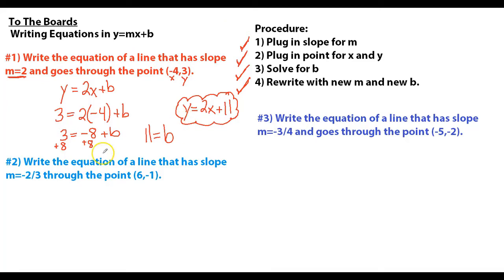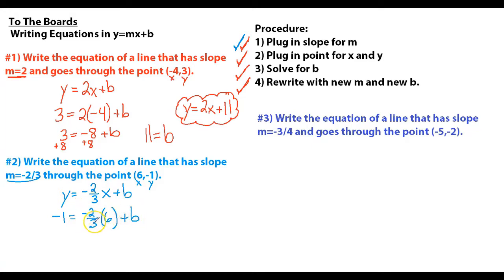Excellent. Next question. Step number 1, plug slope in for m. So I'm going to go y equals -2/3 x plus b, because this was my m. Now, my 6 is the x, and -1 is the y. I'm going to plug those into the equation. It's -1 equals -2/3 times 6 plus b.